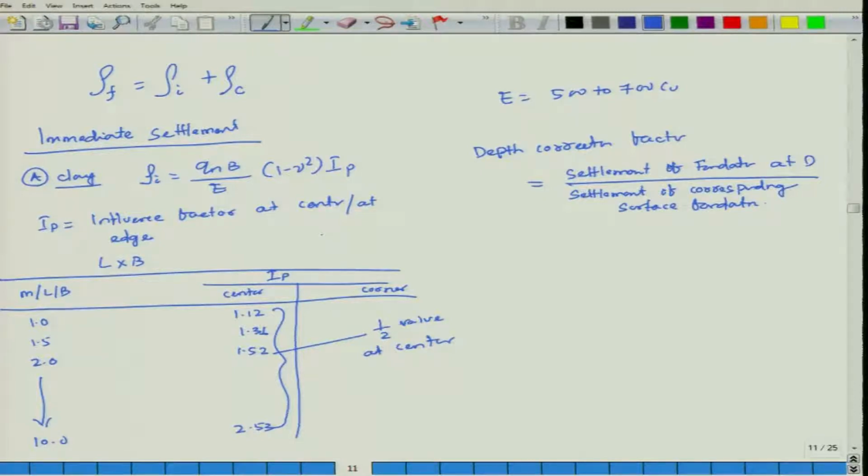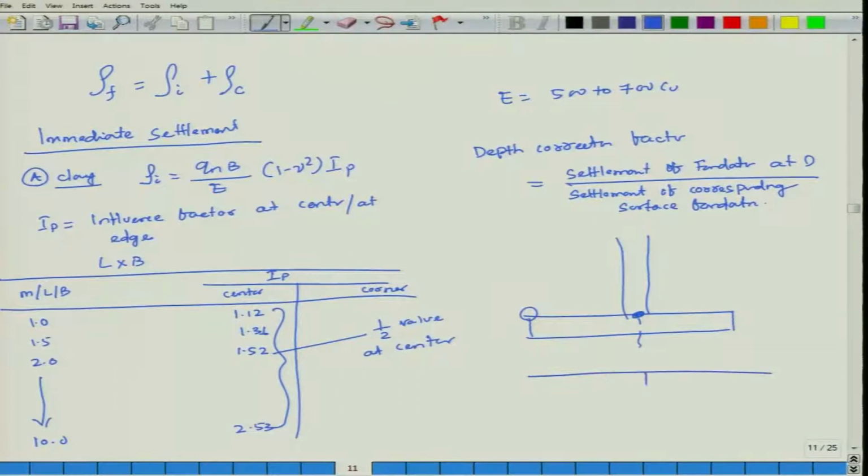Once you know Ip at the center and at the corner, then for a footing here you can find out the immediate settlement at the corner and at the center.